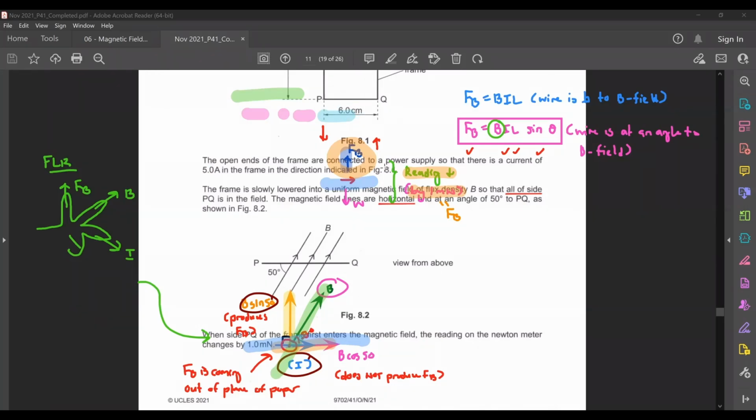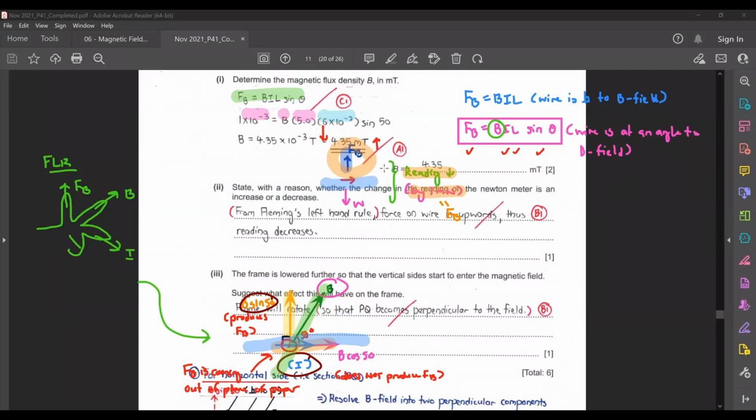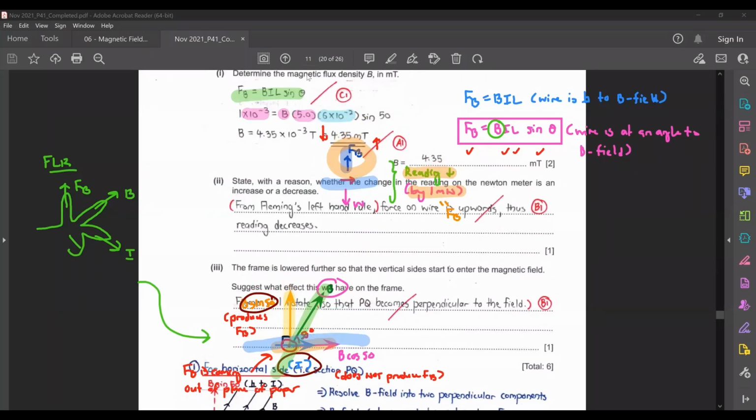Okay, so use that value, 6 centimeters, change it from centimeters to meters, and then your angle is going to be 50 degrees, so it's sine 50. So finally, your answer will be B equals 4.35 times 10 to the power minus 3 Tesla. Now you want to change your answer to millitesla, so all you need to do is divide by 10 to the power minus 3 to get the final answer as 4.35 millitesla.